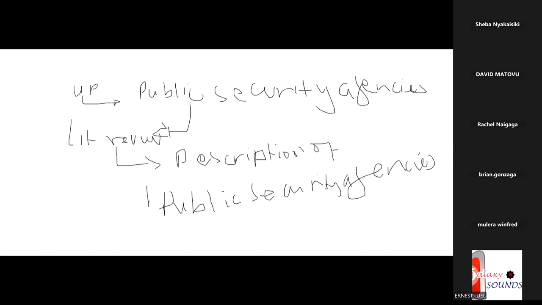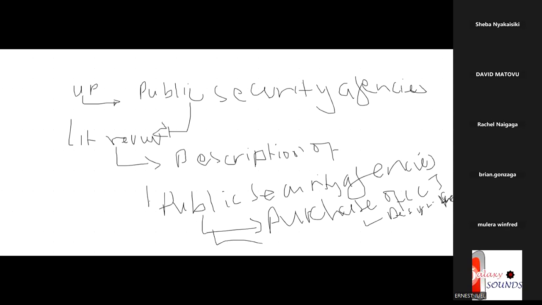Specifically, what is she going to describe? She's going to describe purchase, because purchase points to purchase of ICT, which points to design, selection, and implementation. She's going to give us a description of ICT use, because this points to maintenance.